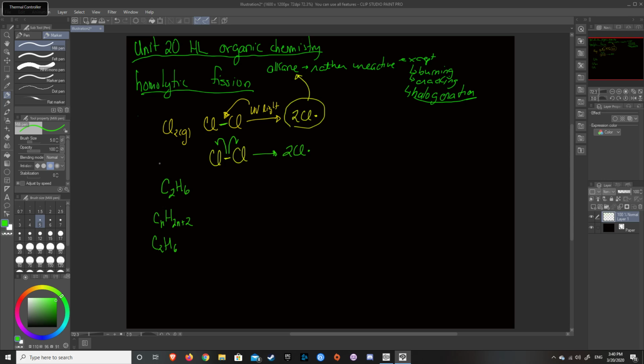So this one is ethane. We've got ethane here in gas phase reacting with chlorine gas, which we can also write as Cl2 gas. What we're going to form is C2H5Cl plus HCl. So we're going to form some hydrochloric acid gas, and a chloroalkane, or chloroethane.